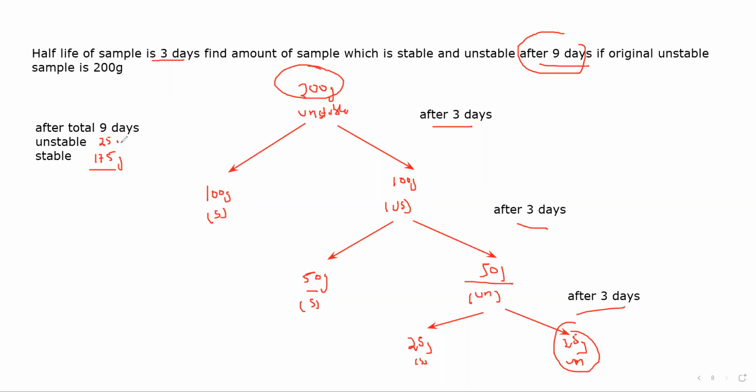So after total interval of 9 days, we are left with 25 gram unstable and 175 gram stable. They can also ask this question in terms of atoms. Like if I say 100 radioactive atoms with half-life 4 days, find the number of stable and unstable after 8 days.